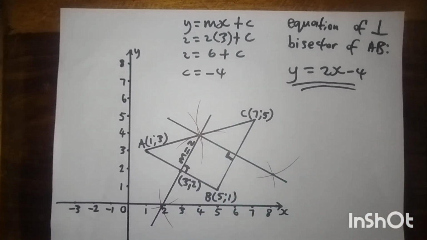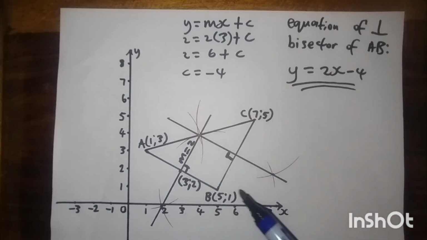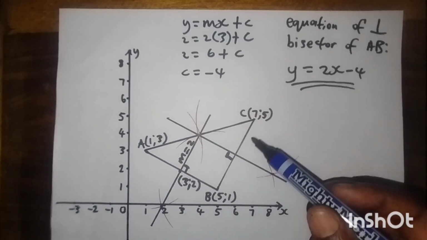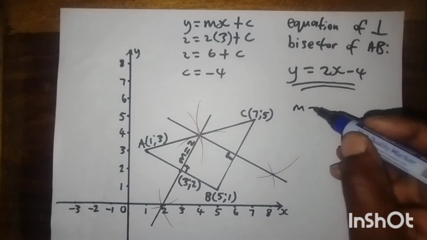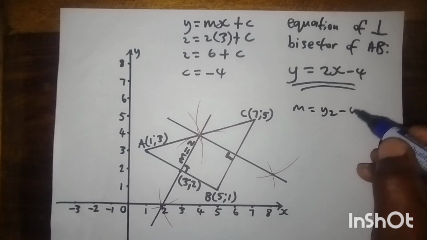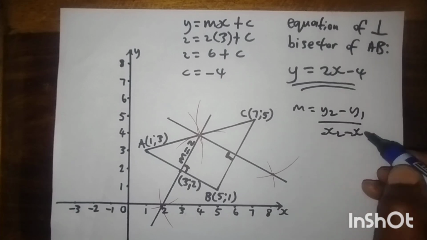Remember that we want to use simultaneous equations to find the center of the circle which circumscribes triangle ABC. So now we want to find the equation of this perpendicular bisector of BC. For us to find the equation of this line, we must first of all find the gradient of the line BC using m equals increase in y over increase in x.